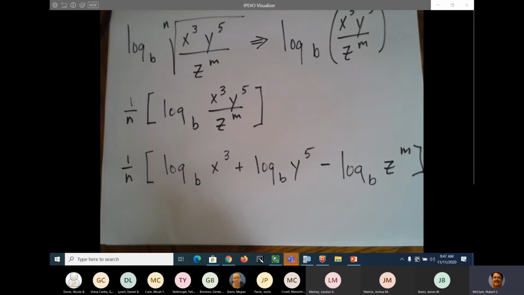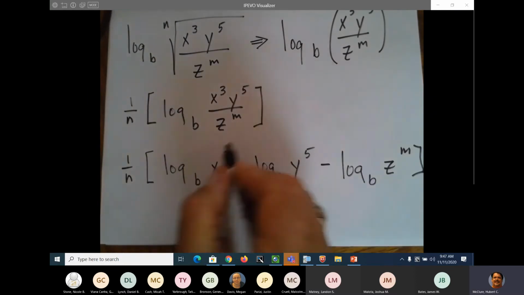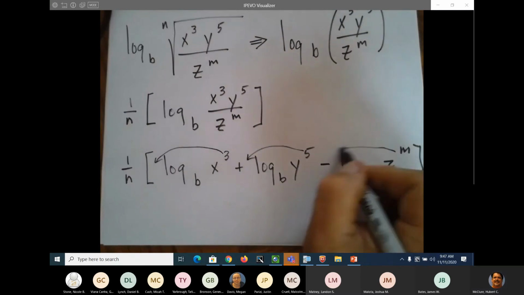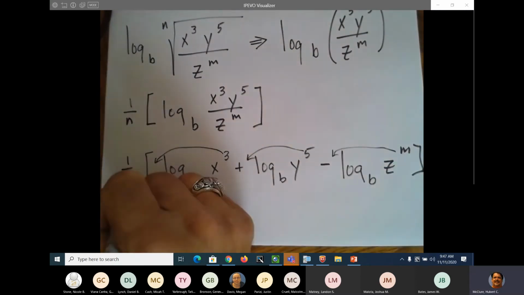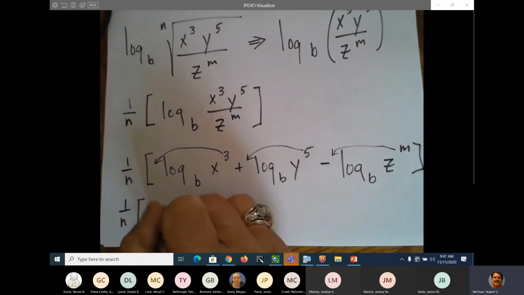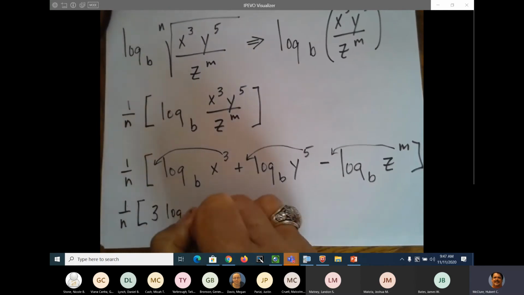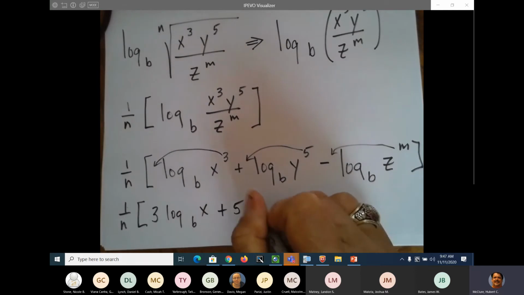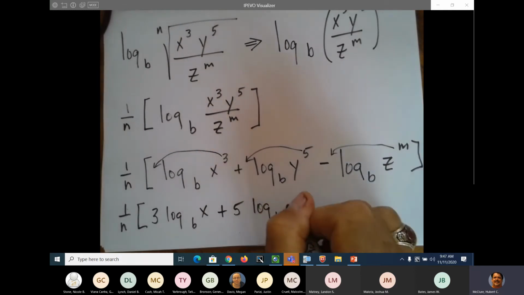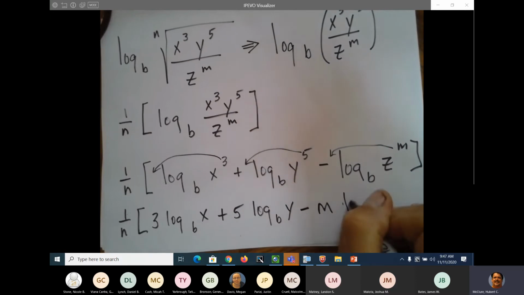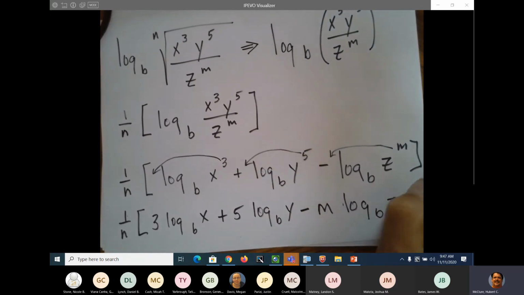Now I can use the power rule and bring this out front. And I get 1 over n, 3 log base b of x plus 5 log base b of y minus m log base b of z.